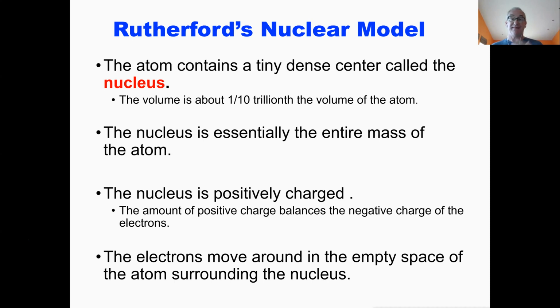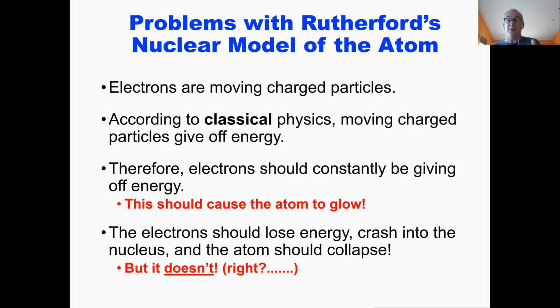Now, that is slightly different from the solar system, where everybody basically has the same charge. The problem is that since you have moving charged particles, they're supposed to give off energy as they move, much like when you push a car down a road.